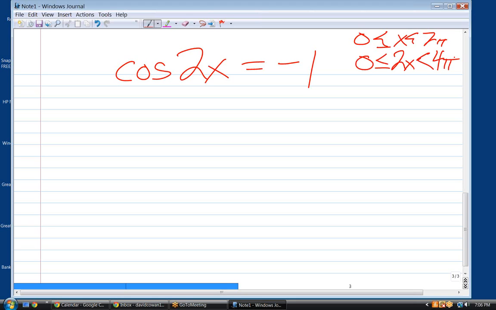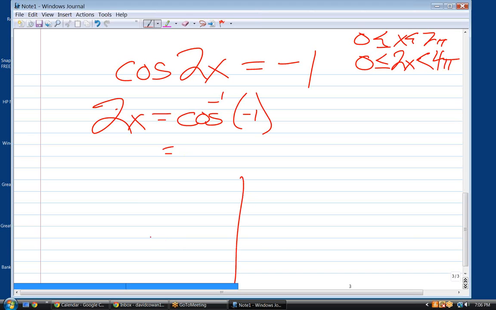Now, not everybody's going to teach you this method of doing these. I just happen to be fond of it, and I'll show you why here in a moment. So now we are going to take the inverse cosine of both sides. So 2x equals the inverse cosine of minus 1. Well, where is the cosine equal to minus 1?